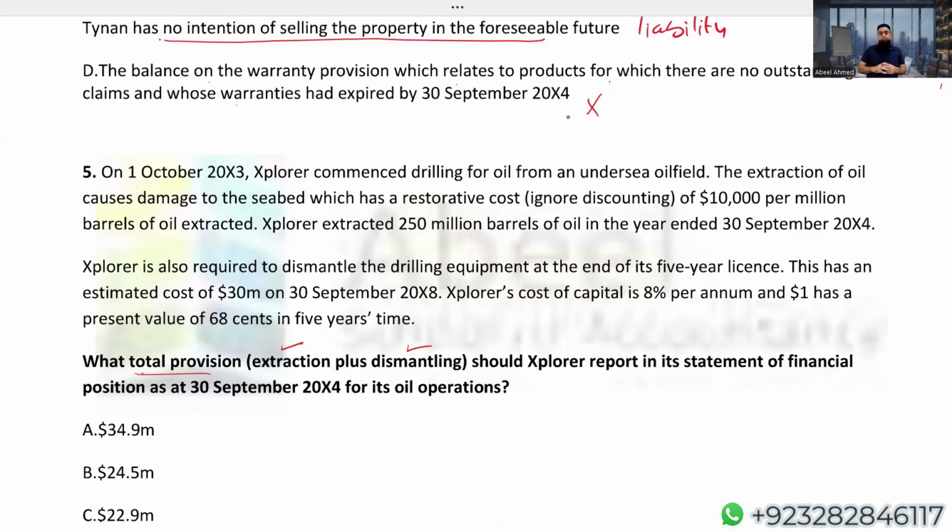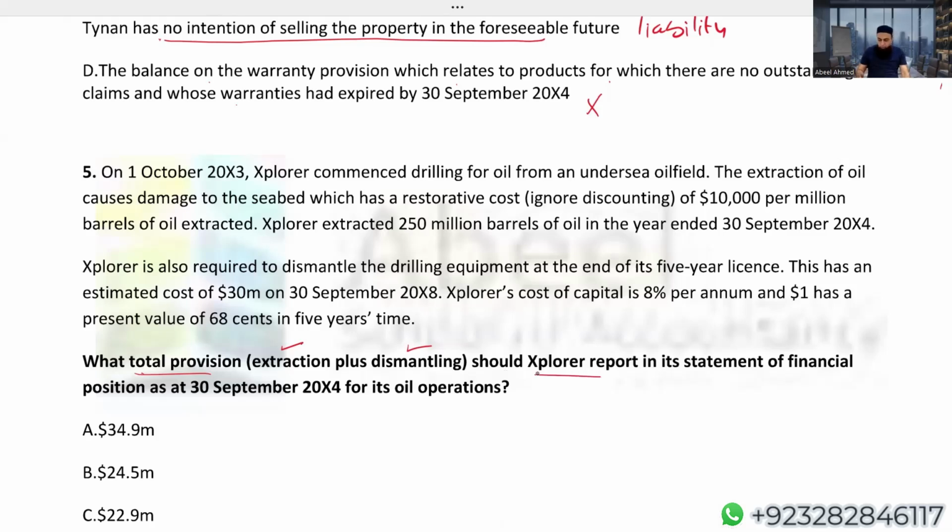In both cases, step one, I will recognize the present value of the dismantling cost, and the double entry will be property, plant and equipment debit, provision credit, by the present value amount. After initially recognizing the provision of dismantling cost, that provision will increase due to unwinding of discount. The double entry of unwinding of discount is finance cost debit, provision credit.